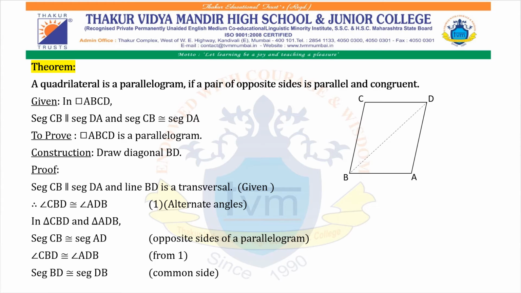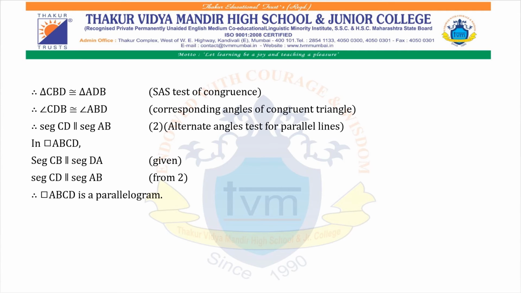First statement: alternate angles. In triangle CBD and triangle ADB, seg CB is congruent to seg AD, given. Angle CBD is congruent to angle ADB from the first statement. Seg BD is congruent to seg DB, common side. Therefore, triangle CBD is congruent to triangle ADB, SAS test of congruence.